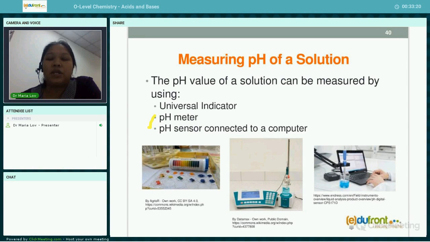So this pH sensor is capable of detecting the pH values as the values change, and this data is recorded automatically onto the computer by a suitable software. So these are the different ways of how the pH of a solution can be measured accurately.